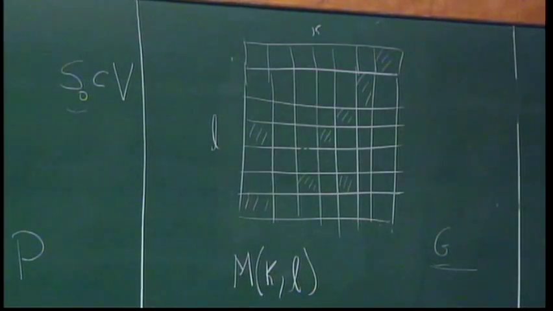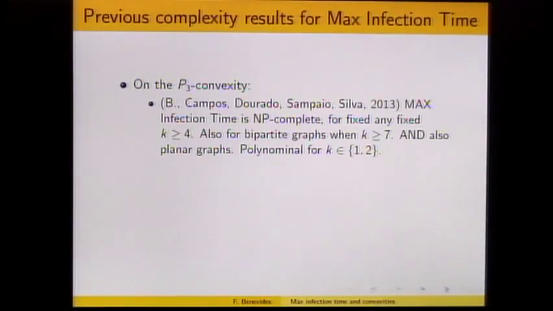And we proved that this problem is an NP-complete problem, even if you fix K equals 4, right? So for a general graph, even if you want to decide, can I infect this graph in time at least 4 or not? This is a hard problem in an algorithmic way, right? There's no polynomial time algorithm to decide if you can infect the whole thing in time at least 4.